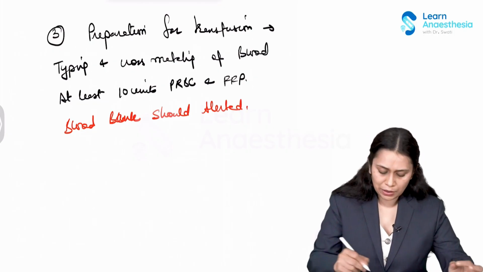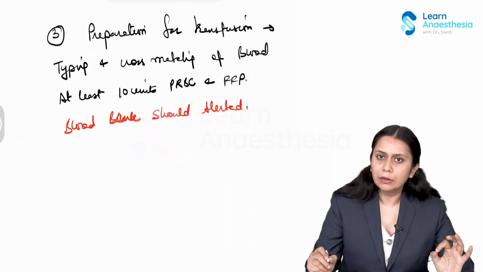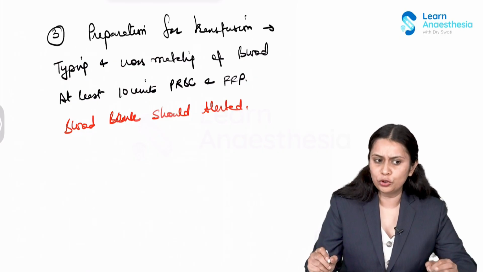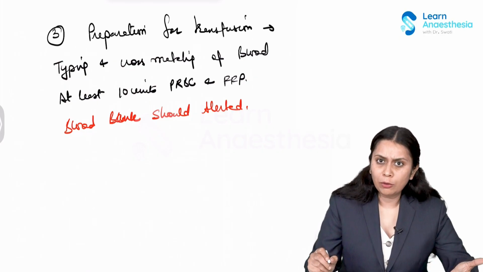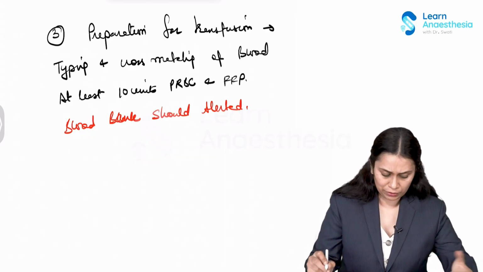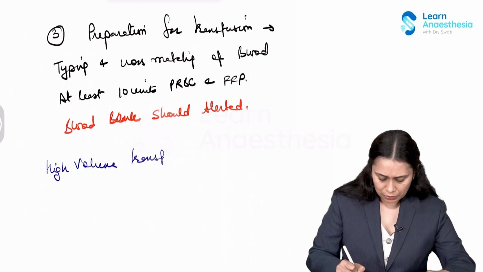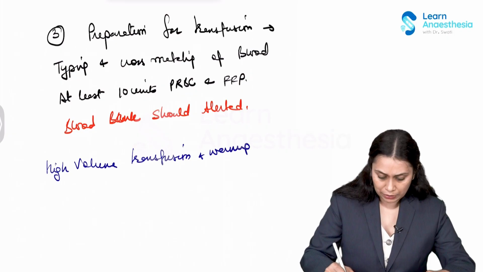And apart from this, we need to prepare all the equipment required for high volume transfusion, like the blood warmer and the rapid transfusers. So high volume transfusion and warming devices should be prepared, right?